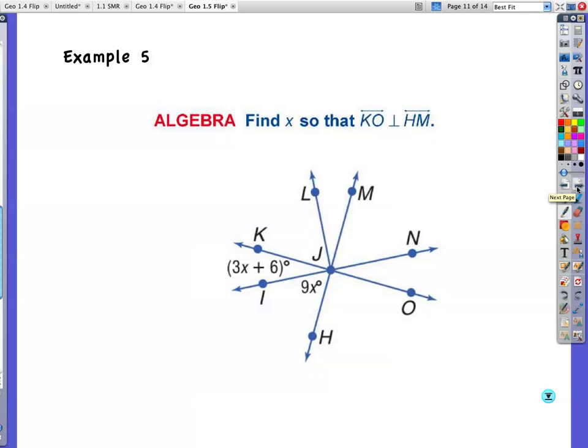Example 5: find x so that line KO is perpendicular. That's our symbol for perpendicular. I think I forgot to mention that earlier. Line KO is perpendicular to line HM.